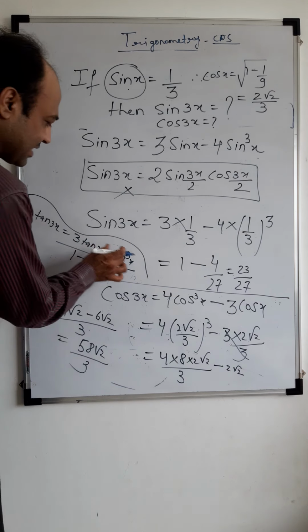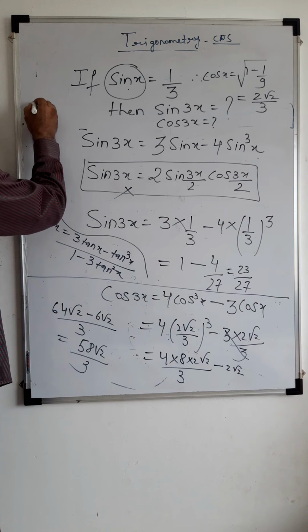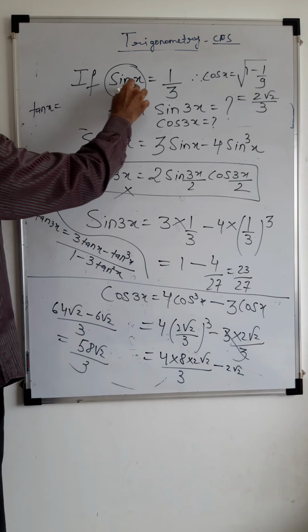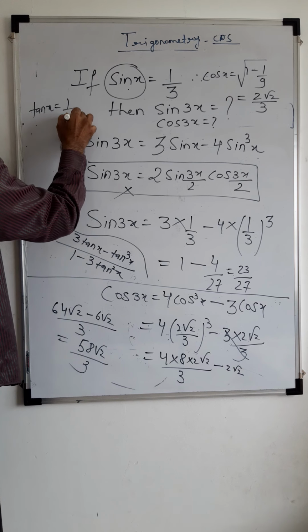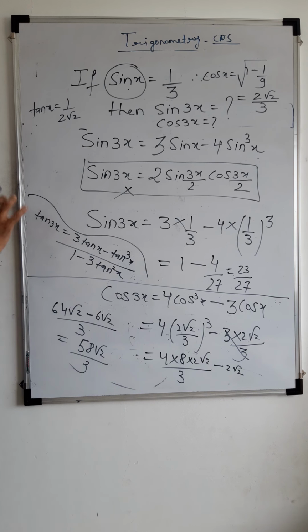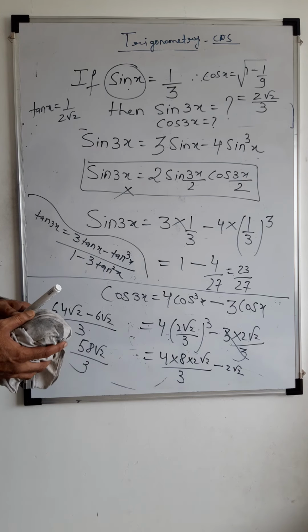Okay? We need tan x, we will take sin by cos, that is going to be tan x. So tan x from this question is this upon this, which is nothing but 1 upon 2 root 2, and this value we will substitute here. So we will get tan 3x. Fine here? So see how important these formulas are. If you remember sin 3a, cos 3a, tan 3a, you will be able to solve these problems. Correct dear?